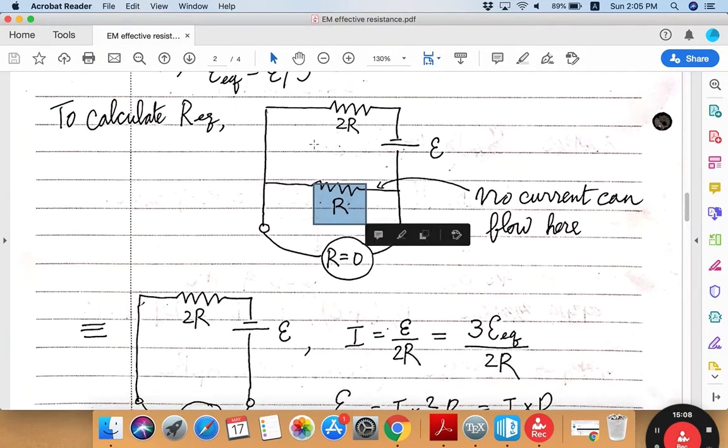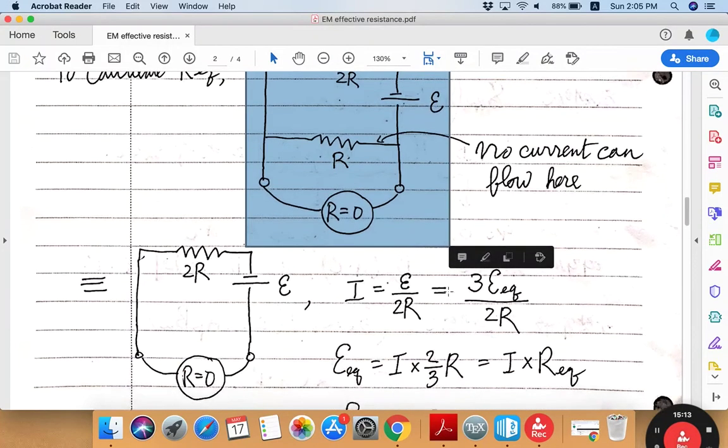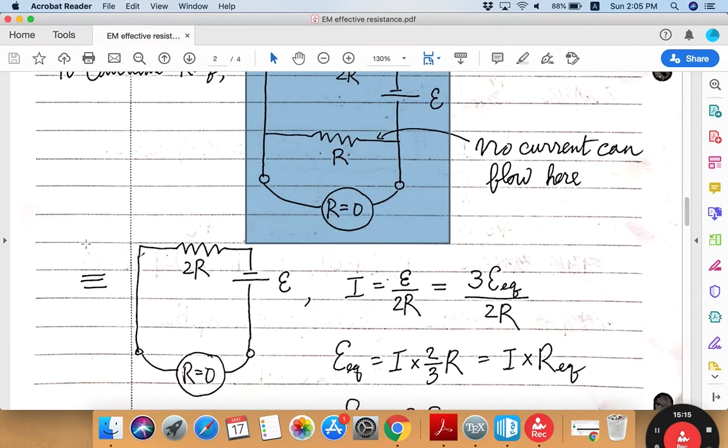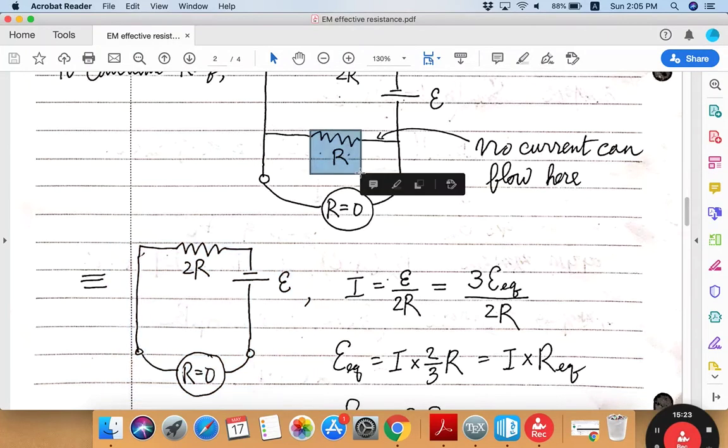Okay, so then this resistance network is equivalent to this resistance network without this intervening resistor R, because no current will flow through there anyhow.